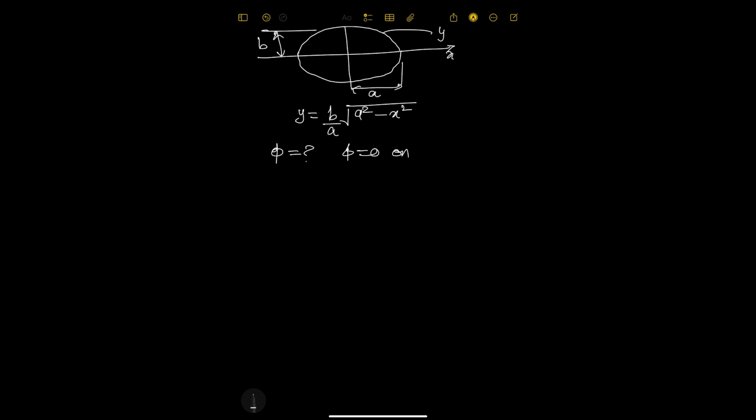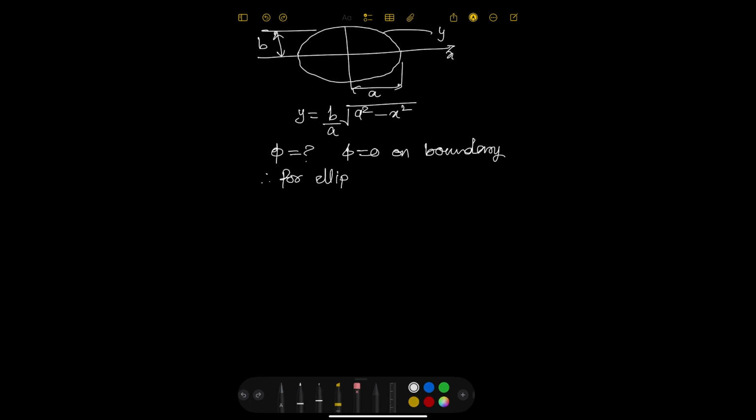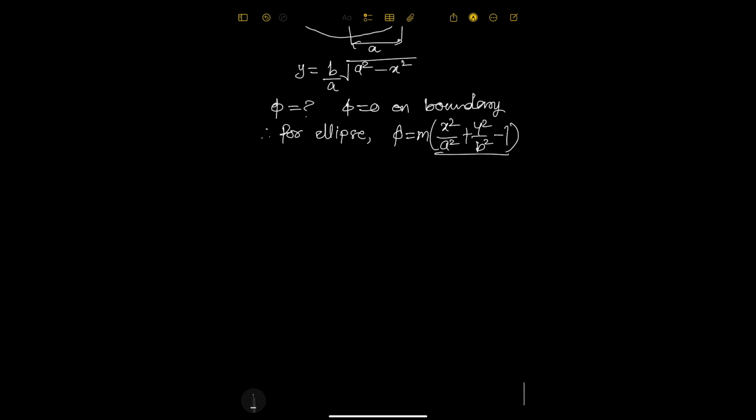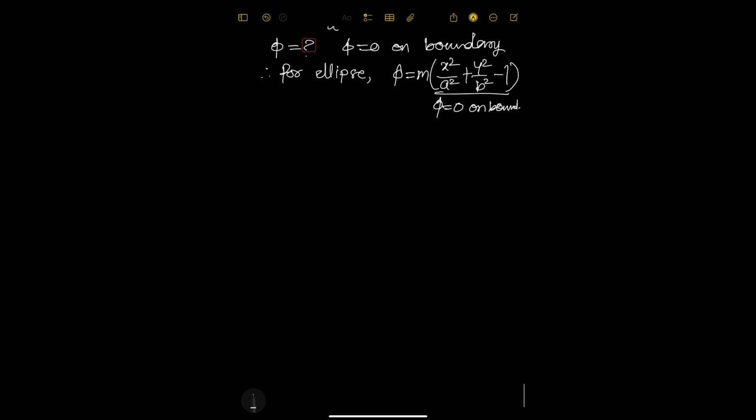So p is equal to 0 on the boundary, therefore for the ellipse we can write phi equal to m into x square by a square plus y square by b square minus 1. So this term ensures that p is equal to 0 on the boundary.